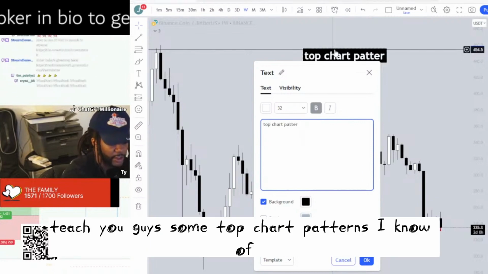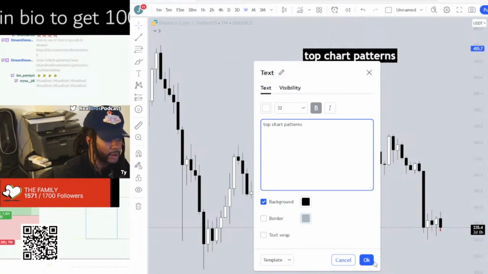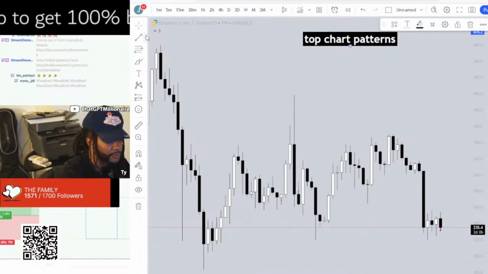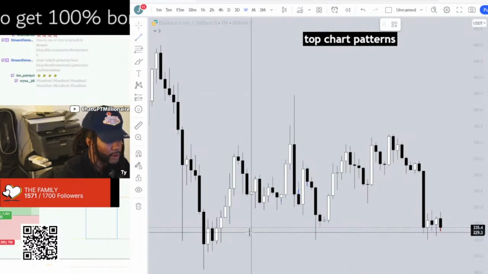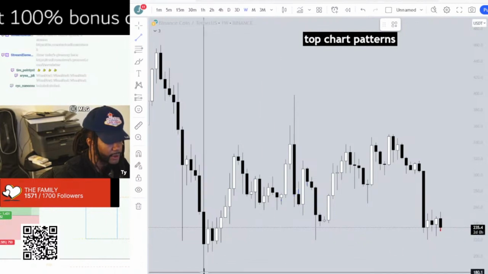Let me teach you guys some top chart patterns that I know of. And this is just a snippet of what I really teach. So one chart pattern that I like is right here.